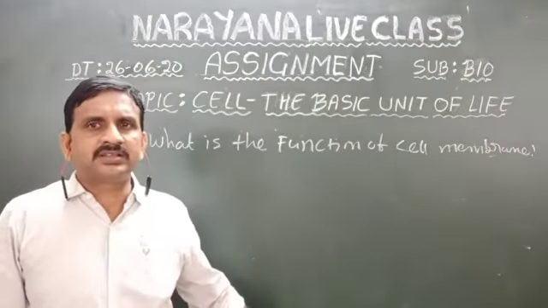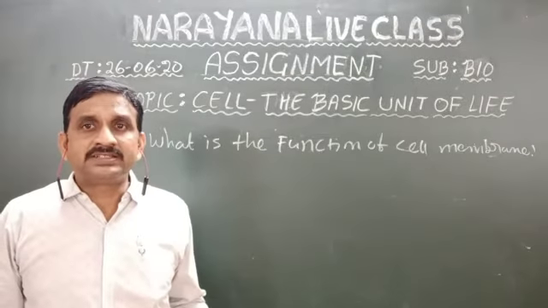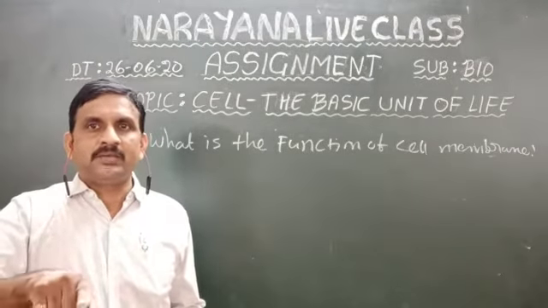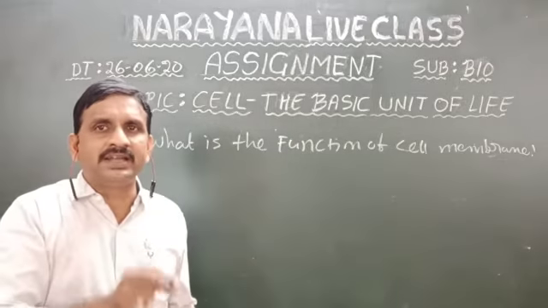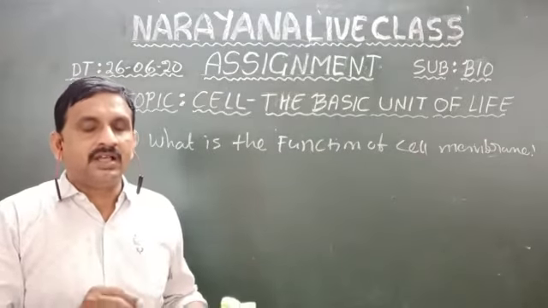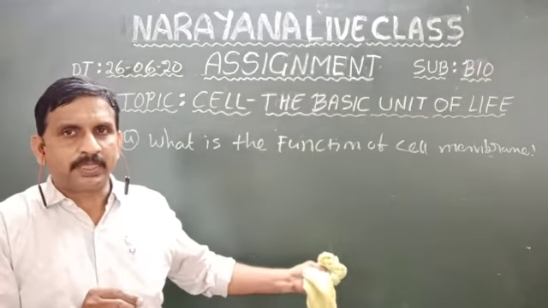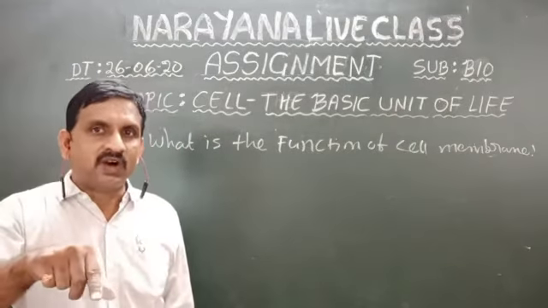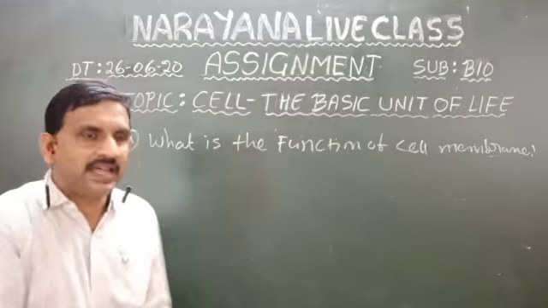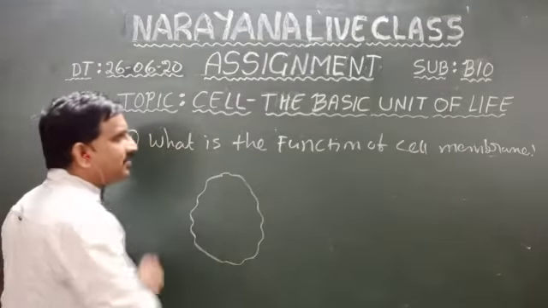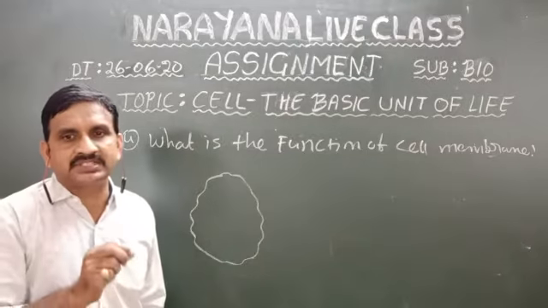Already we discussed it. The cell membrane is the outermost layer in the animal cell. In the plant cell, the cell membrane is also there, but it's not the outermost layer. In the plant cell, that means the onion peel cell we observed, the outermost layer is the cell wall. But in the animal cell, the outermost layer is the cell membrane. What is the main function of this cell membrane?